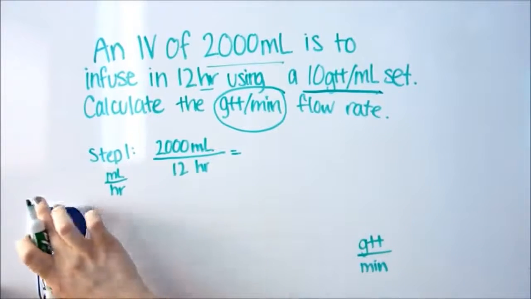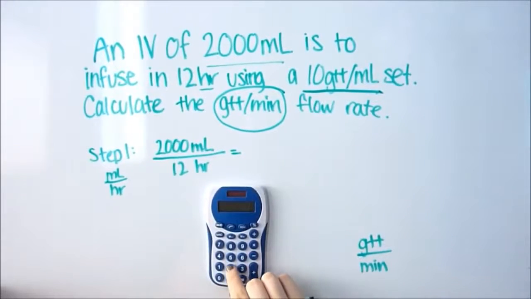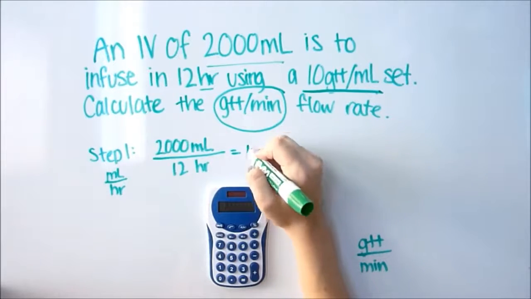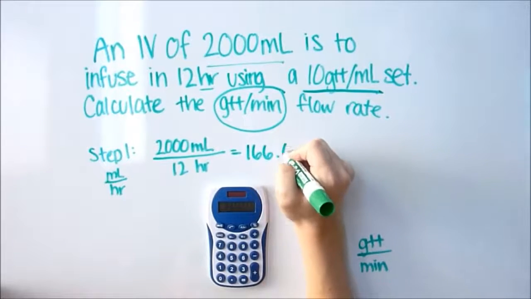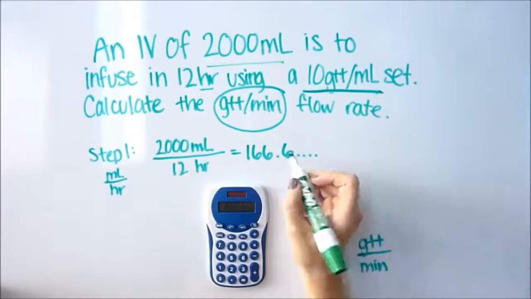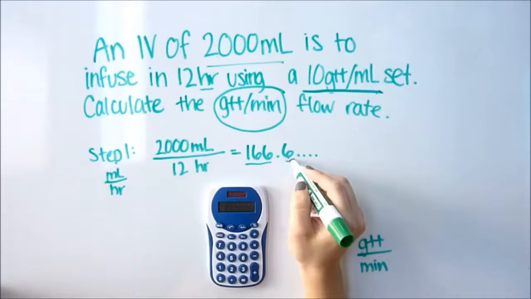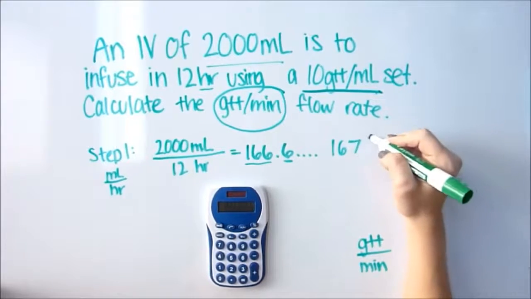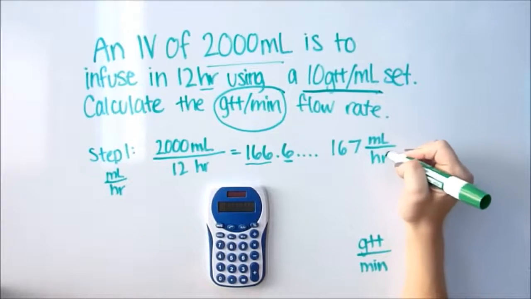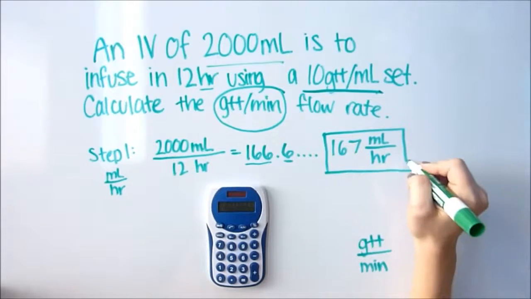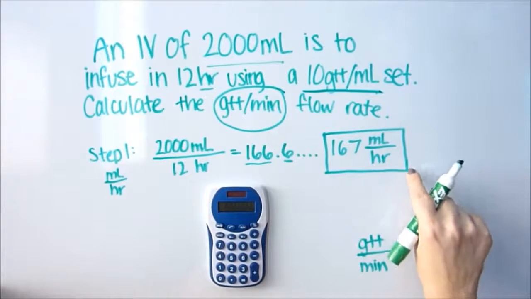On the calculator, 2,000 divided by 12 equals 166.6, and it just keeps going. In this case, we're going to round to the nearest whole number. Because this is greater than 5, it will be 167 ml per hour. Okay, we got that down. Put a box around it, make it special.